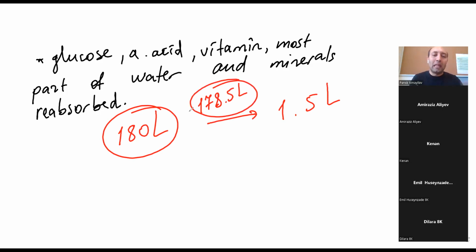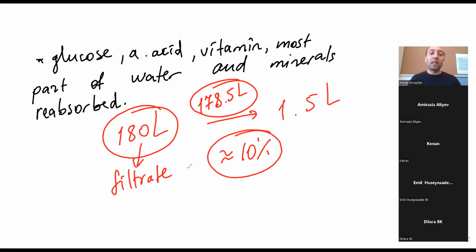Let's say that only nearly 10% of filtrate becomes urine, guys. Another 90% of filtrate is reabsorbed back to the blood. So this is known as the reabsorption process. These two processes in IGCSE are very important.